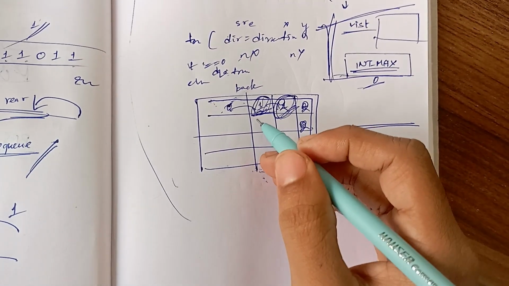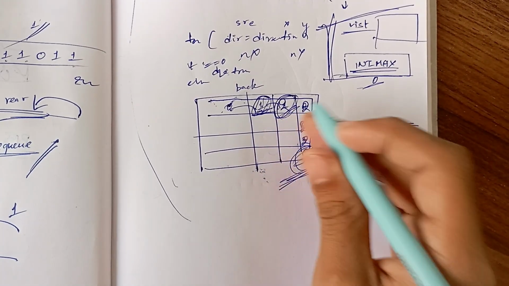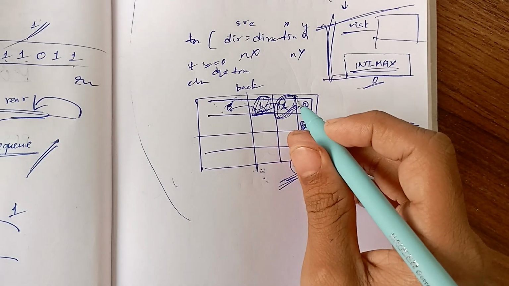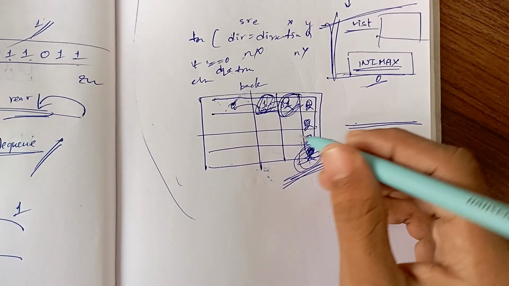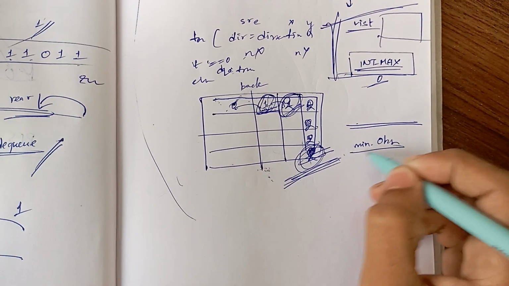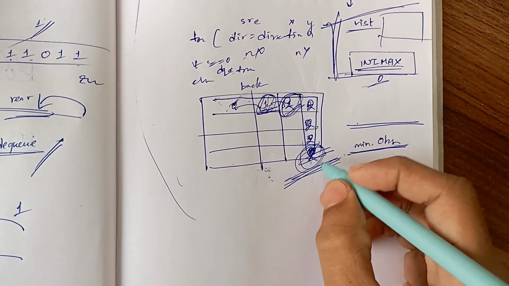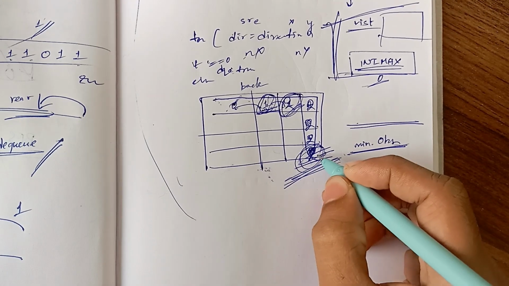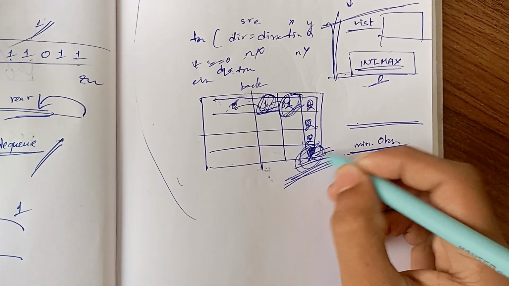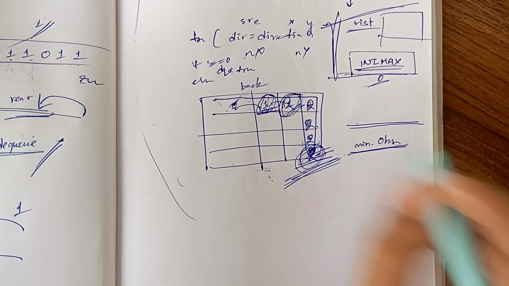That means a prefix sum. Maybe prefix sum will be a better name for this algorithm for getting the minimum obstacles, and then you will be returning when you get to this. Here the visited of destination will be our answer.